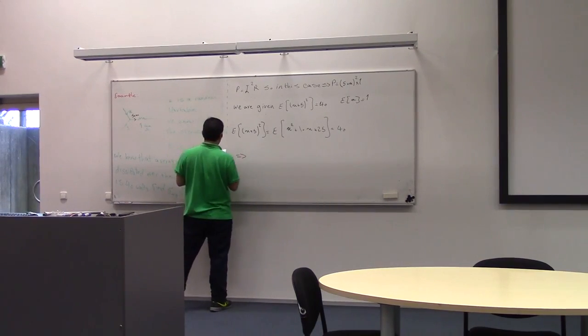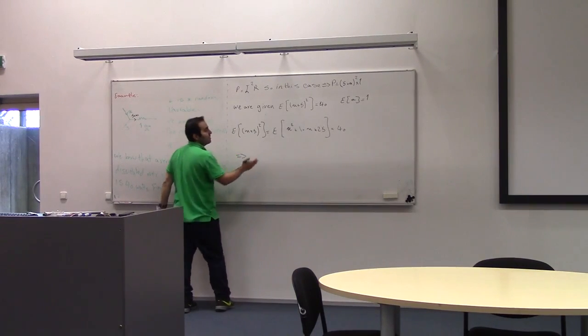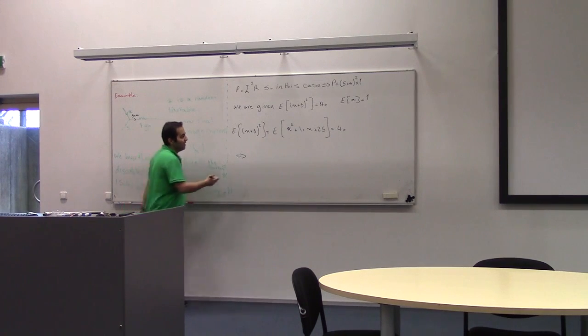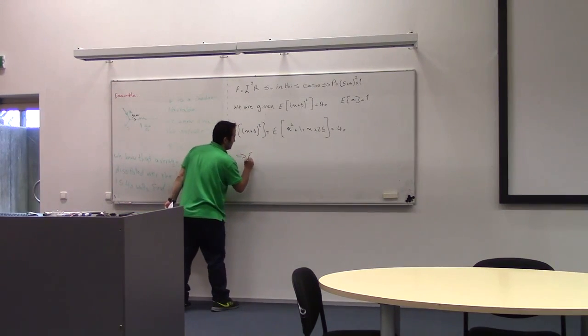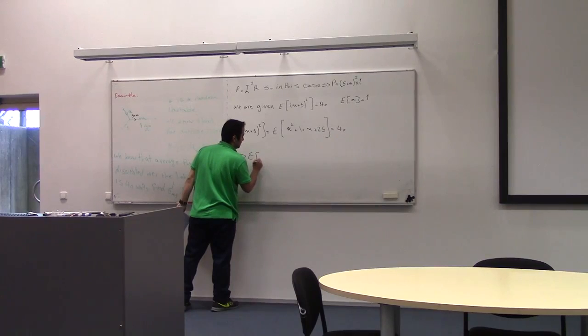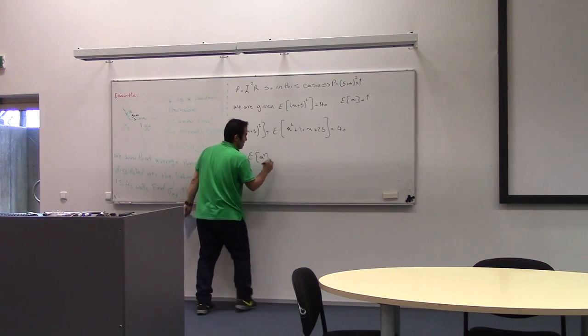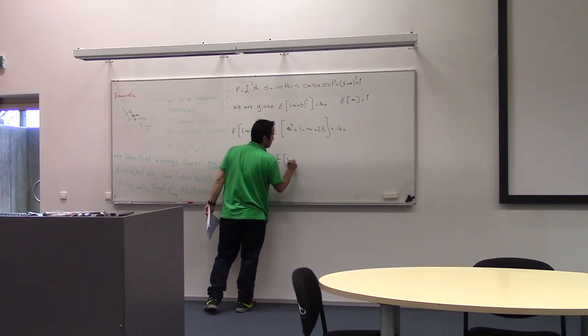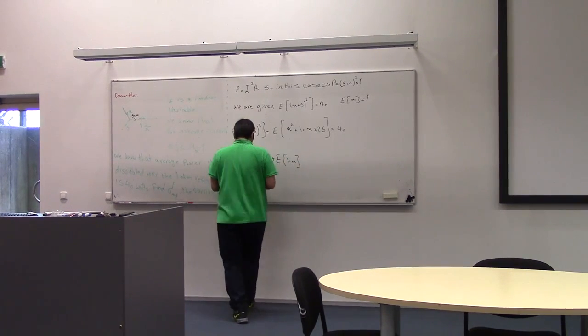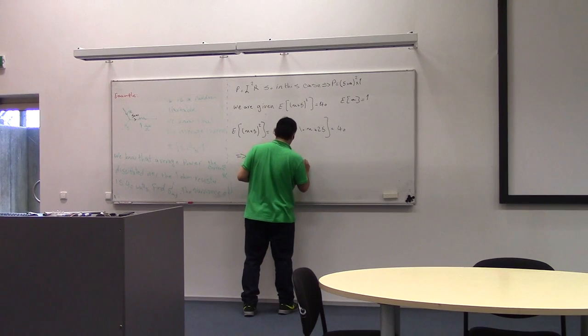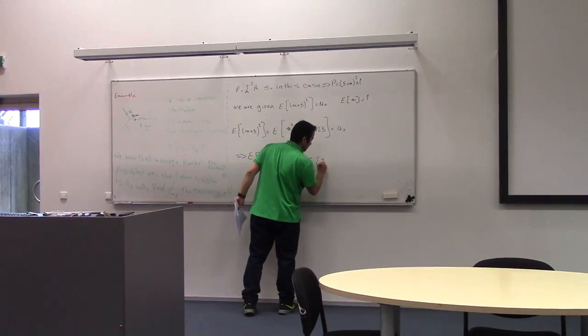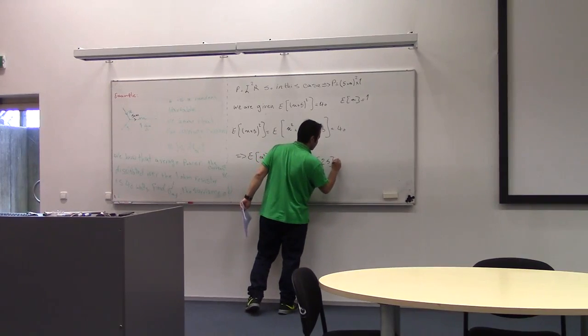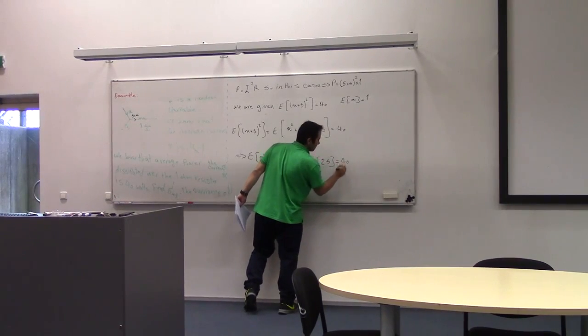Then we can say that, similar to the last example, we can write it in this form: expected value of X power 2 plus expected value of 10X plus expected value of 25 is equal to 40.